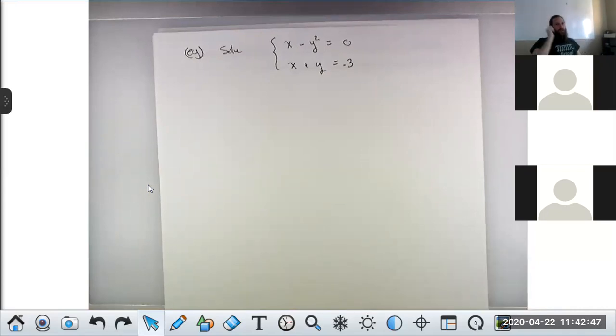So this is a nonlinear system because in that first equation, one of the variables is being raised to the power of 2, right? So that first equation is not a linear equation, which means that this system is not a linear system. In order to solve the nonlinear system, I use substitution.